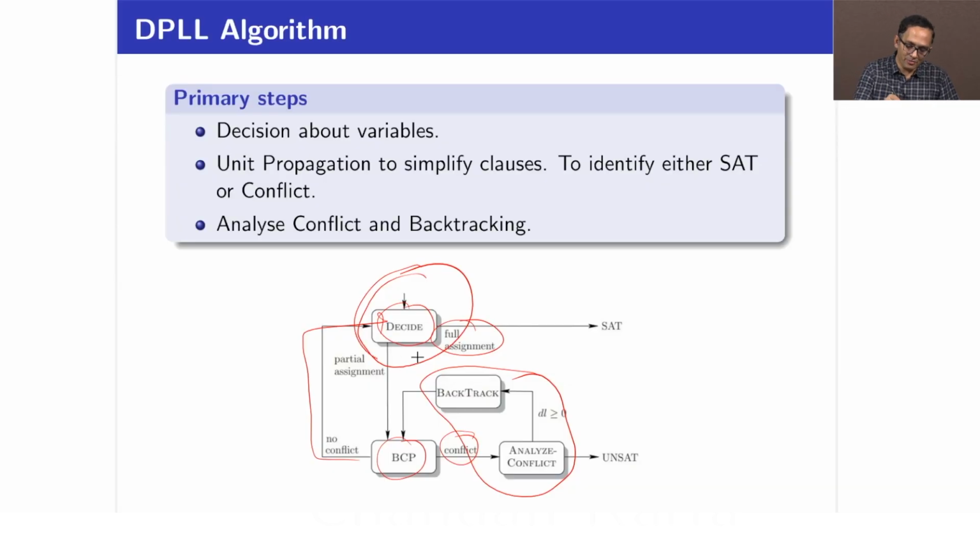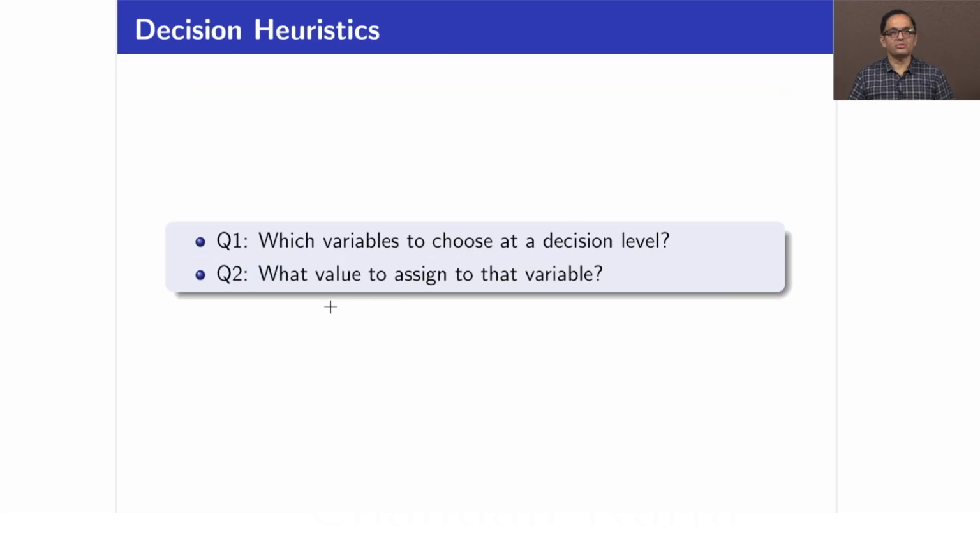In the previous class I showed a graph where if you take a wrong decision at the start, say x1, then no matter whatever you do with BCP and backtracking, finally you have to give up all this and start from x1 equal to 0 later. So, the decision is also a very important part of the DPLL algorithm, and in today's class we are going to learn about this decide function more.